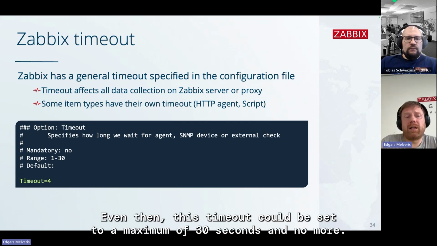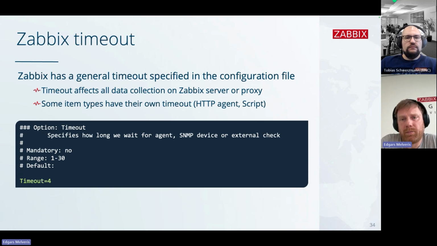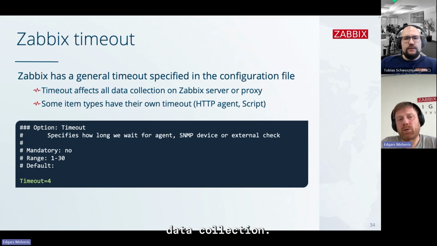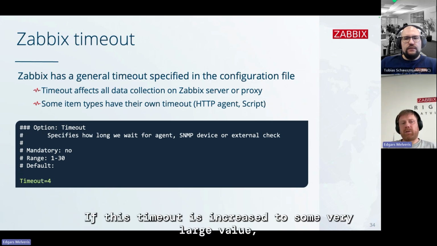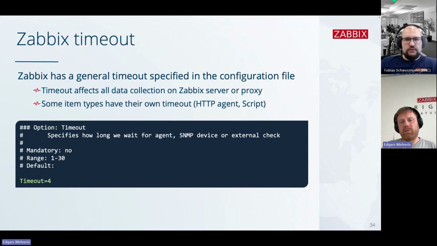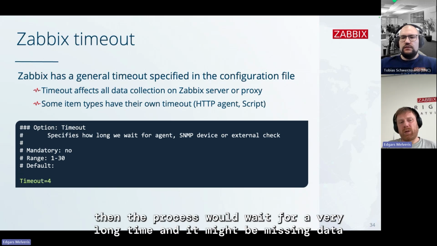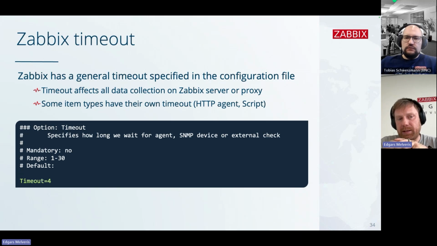And even then, this timeout could be set to a maximum of 30 seconds and no more. One of the reasons was the second topic we discussed, about synchronous data collection. If this timeout is increased to some very large value and some hosts are not responding and timing out, then the process would wait for a very long time and it might be missing data collection for other healthy hosts.